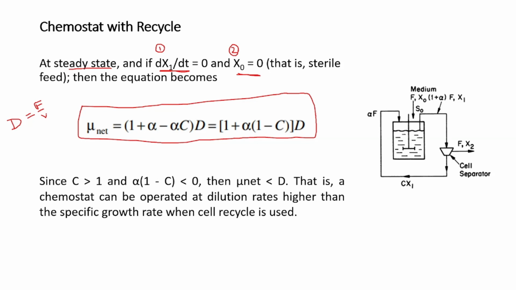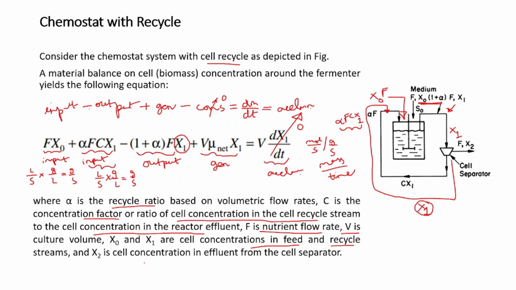Now c is greater than 1. Why? If you go back to the previous slide, c is the concentration factor, the ratio of cell concentration in the cell recycle stream to the cell concentration in the reactor effluent. This is the recycle stream, and this is the reactor effluent stream.